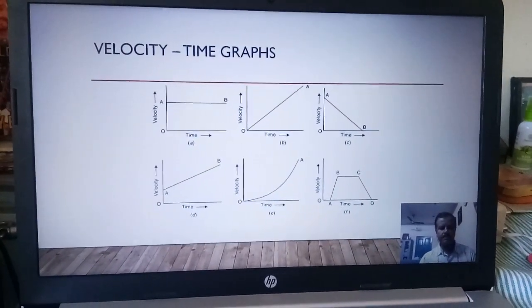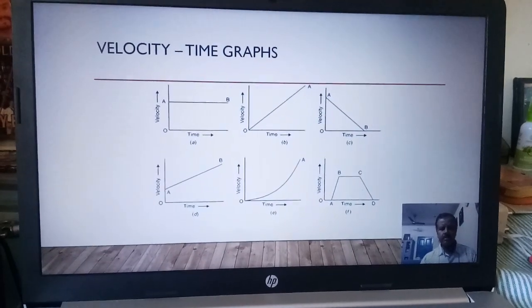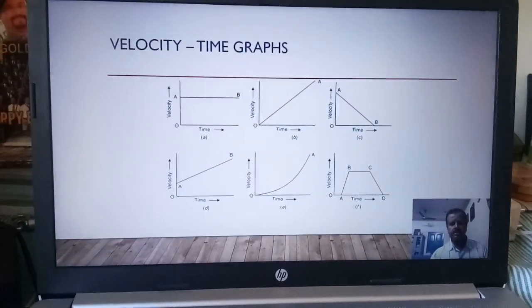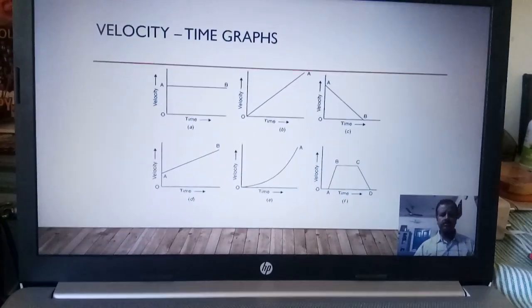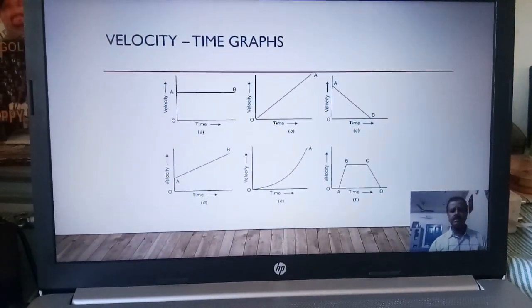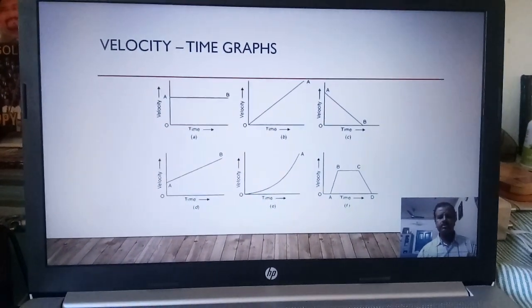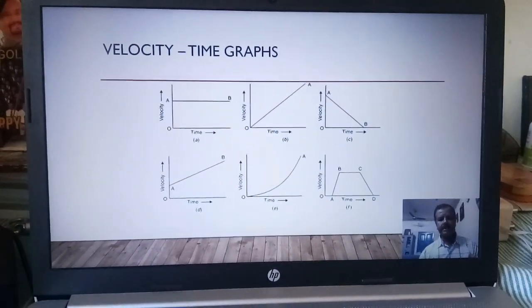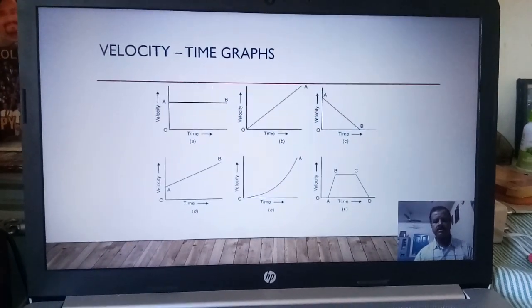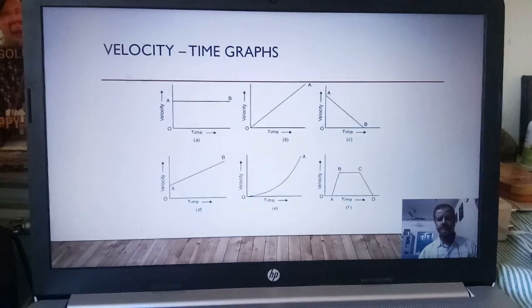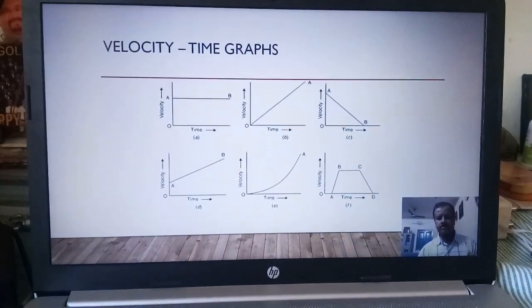That is represented by the fourth graph. And the fifth graph, E: you see, the velocity time graph is a curve. We are going to see that its slope is going to increase. So the acceleration of the body is not constant. It is increasing.